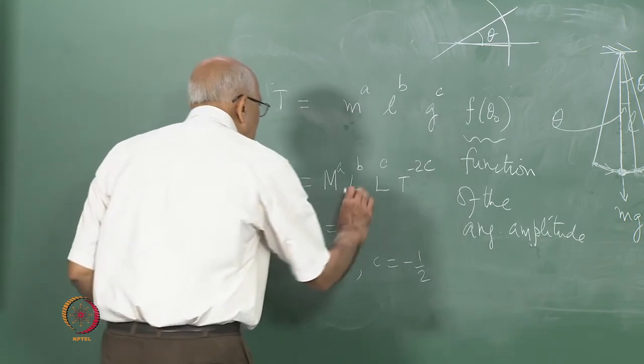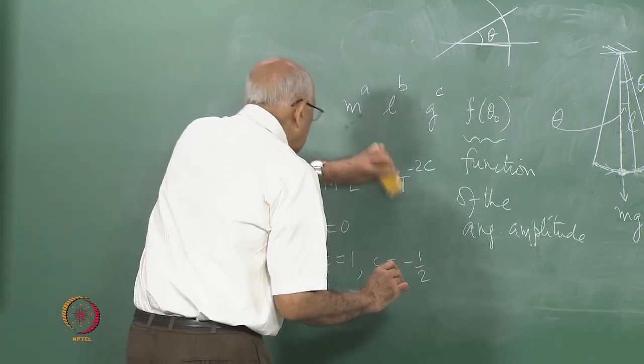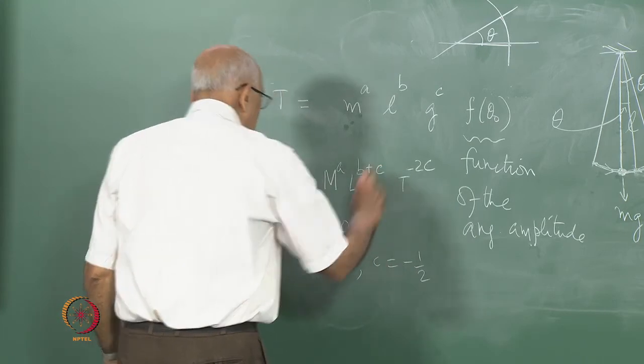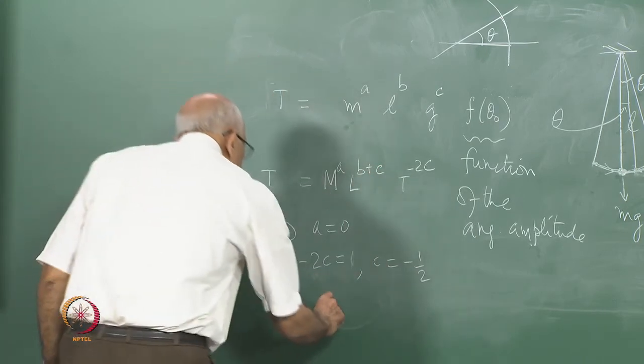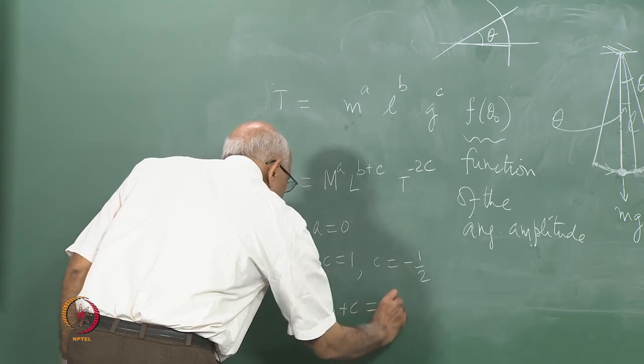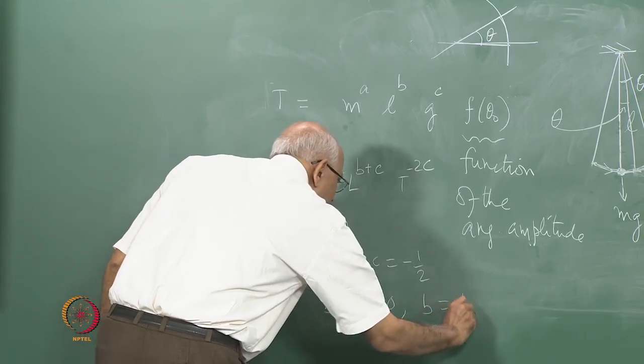Sorry, this is b plus c for L, that is right, and b plus c must be equal to 0, which says b equal to plus a half.